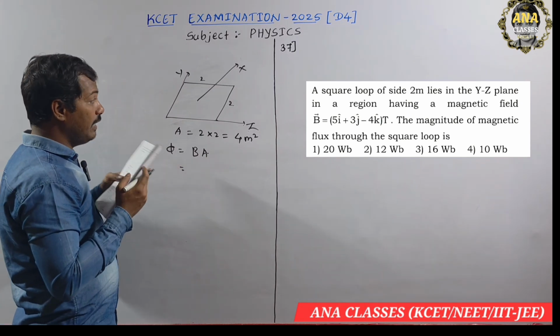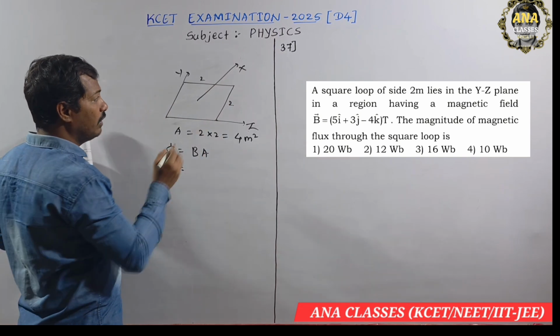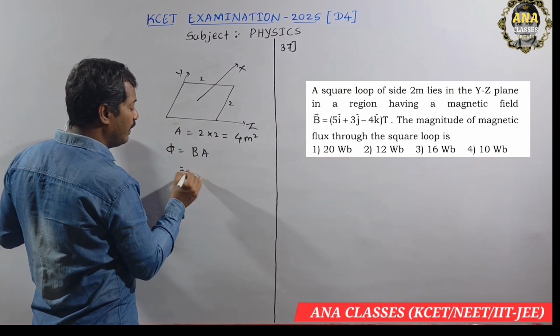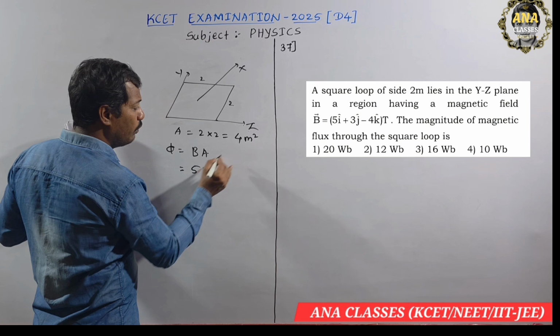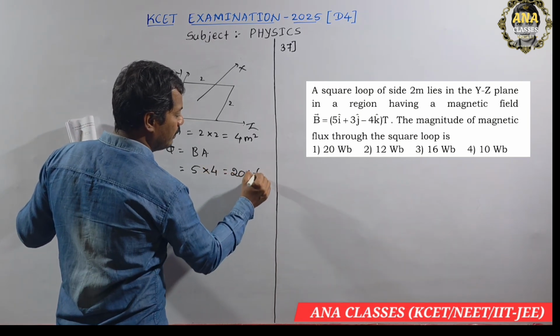So B is along x axis because the plane is perpendicular to that. How much magnetic field is there in the x axis here? 5 is there, into what? 4. So the answer is 20 Weber.